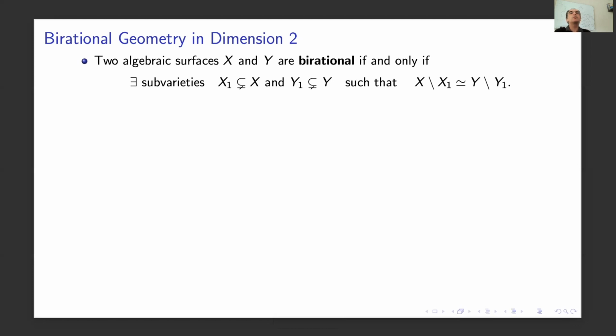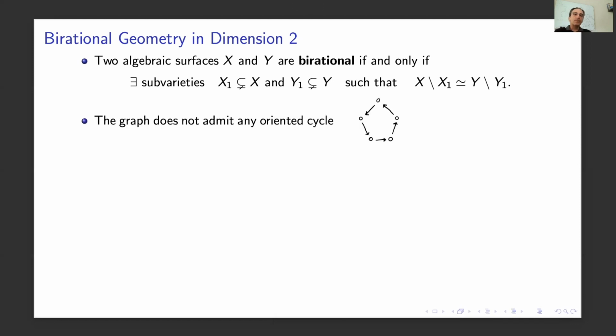This is a more standard definition, and of course it can be proven that it exactly coincides with the definition we gave in the previous slide. But this definition will be useful in the future when we want to consider birational geometry in higher dimension.